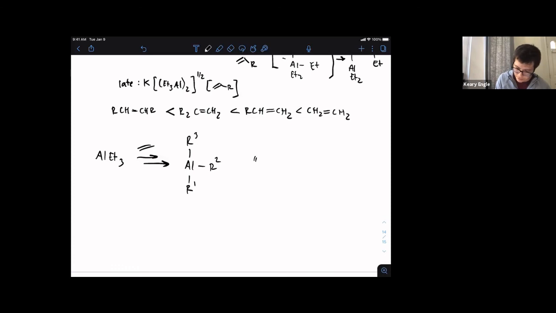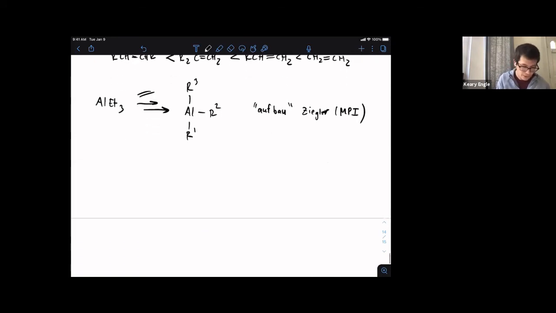And so this is called the Aufbau process. Developed by Carl Ziegler, a Nobel Prize winner at the Max Planck Institute, where I worked for one year as a Fulbright fellow. I used to walk by Carl Ziegler's Nobel Prize every day on the way to lunch.